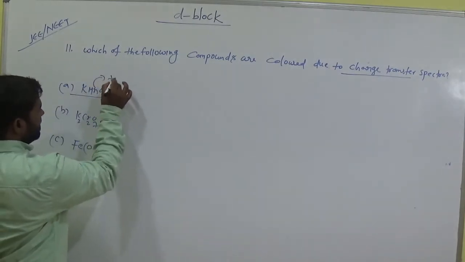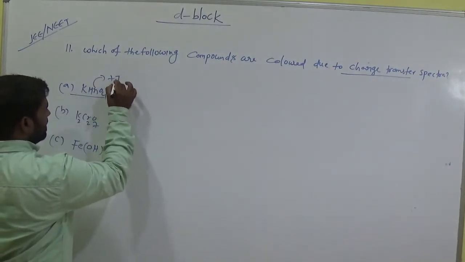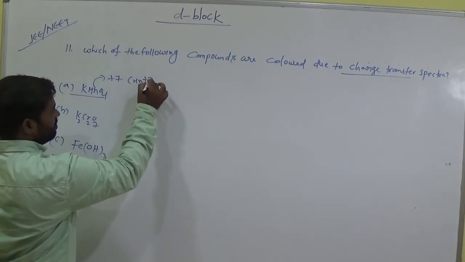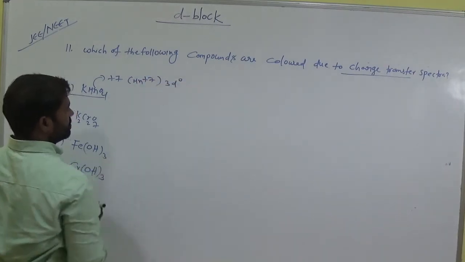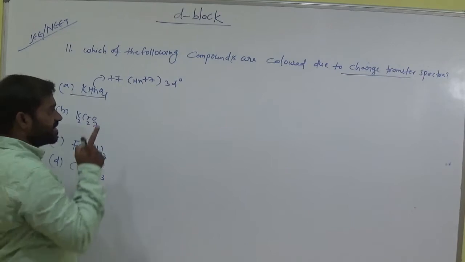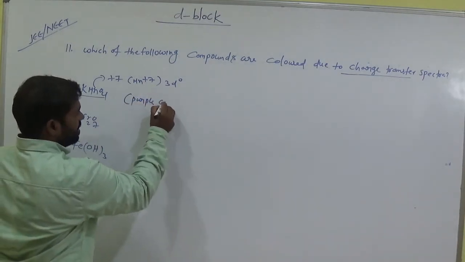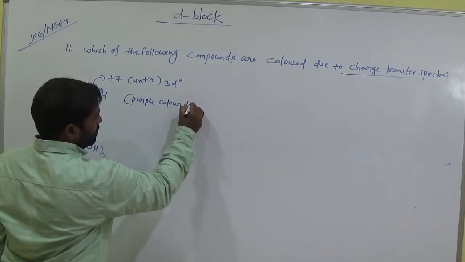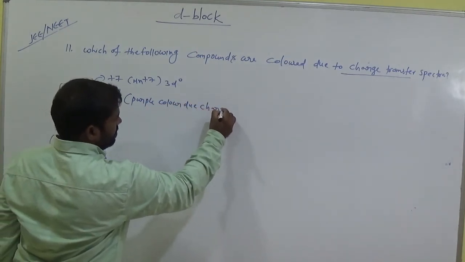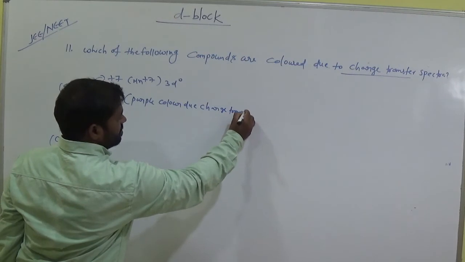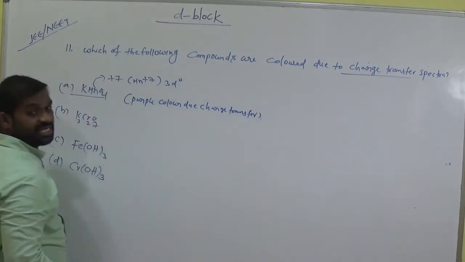So here KMnO4 exhibits manganese +7, that is 3d0. Actually colorless, but it exhibits purple color due to charge transfer. Already we discussed what charge transfer is.